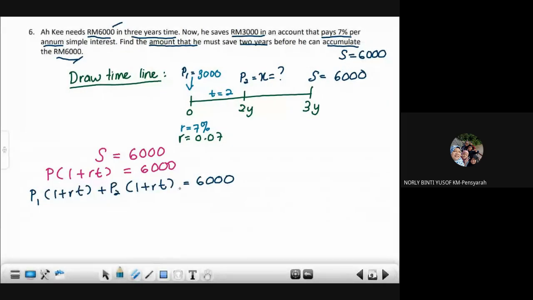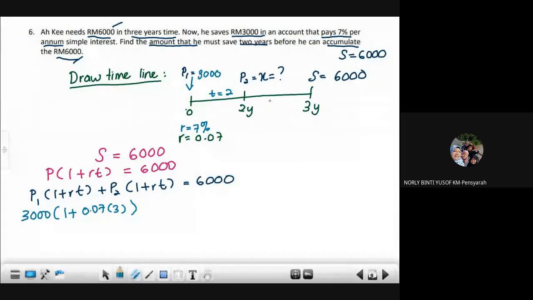So prinsipal yang pertama adalah 3,000, 1 tambah 0.07 kali 3. Okay, sebab 3 tahun penuh. Untuk prinsipal yang berakhir dengan 6,000 tu prinsipalnya 3,000. Jumlah 3 tahun. Okay. Kemudian baki untuk P2 ni jumlahnya you tolak lah.